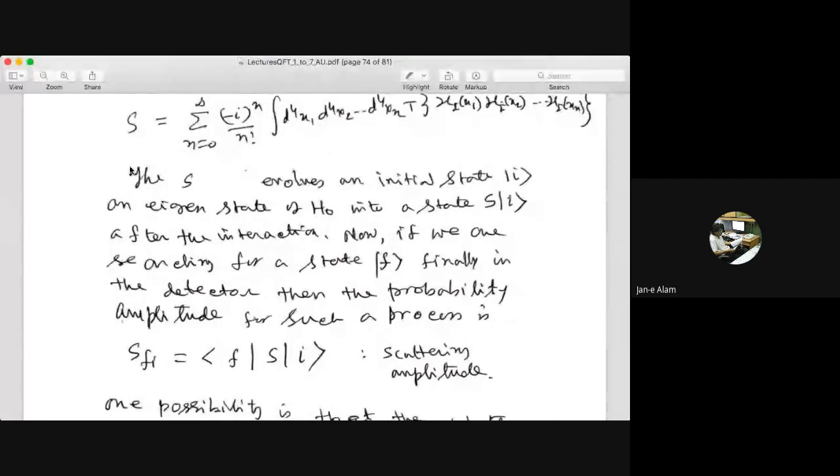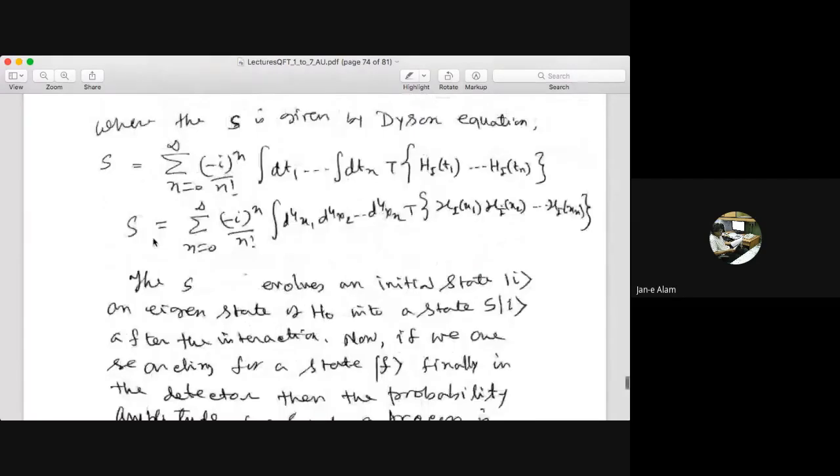Now these are all the things which I have discussed earlier. This is a repetition, but I am repeating it because I am going to introduce Feynman diagrams. Suppose you have an initial state I, this S will evolve the state to S I, because in S there are interactions.